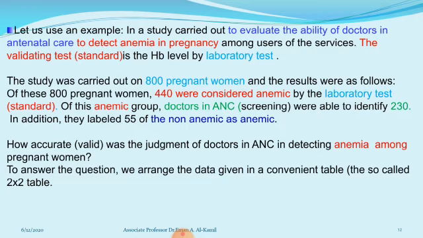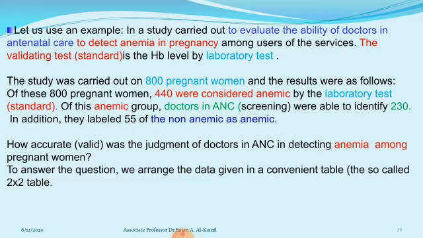And in addition, the doctor labeled 55 of the non-anemic as anemic.